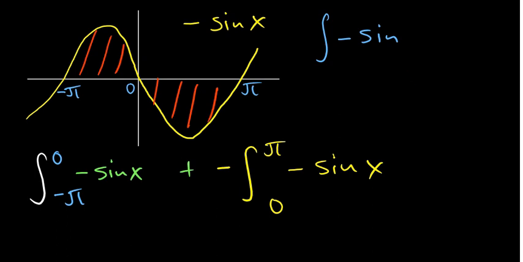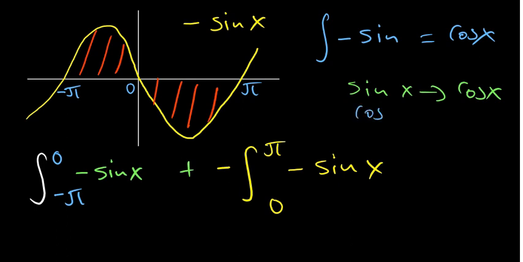So the integral of negative sine is positive cosine of x. One way that I remember this is I know that if I differentiate sine of x, it gives me cosine of x. So I know that if I differentiate cosine, it gives me negative sine of x. So that tells me that if I'm integrating that, it gives me a positive cosine of x.